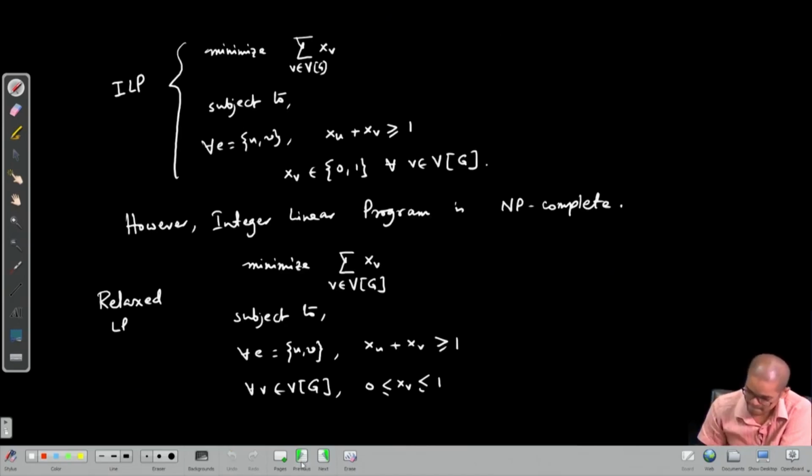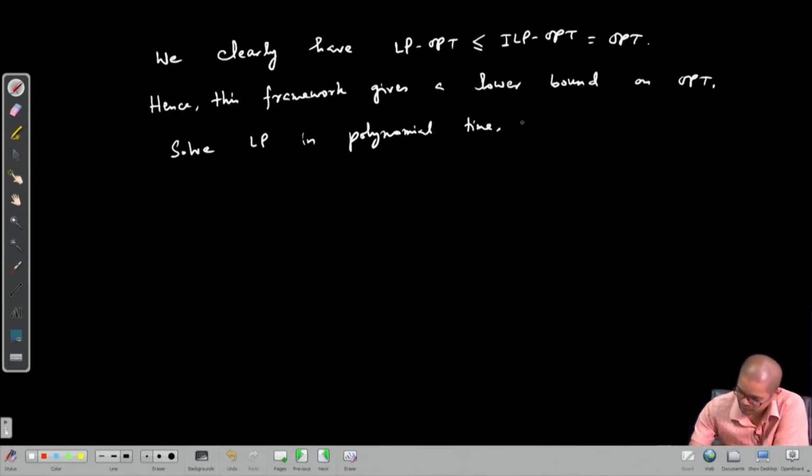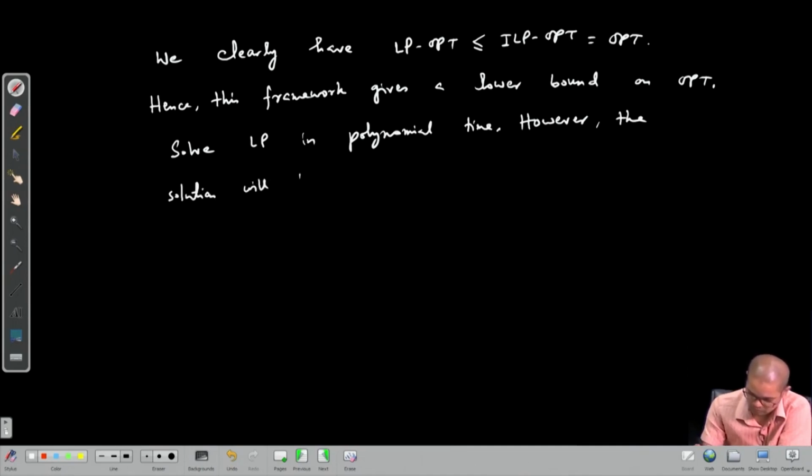However, the solution will be fractional in general.